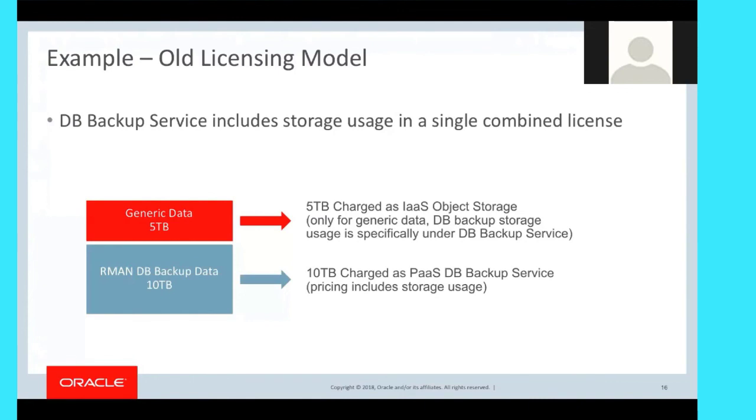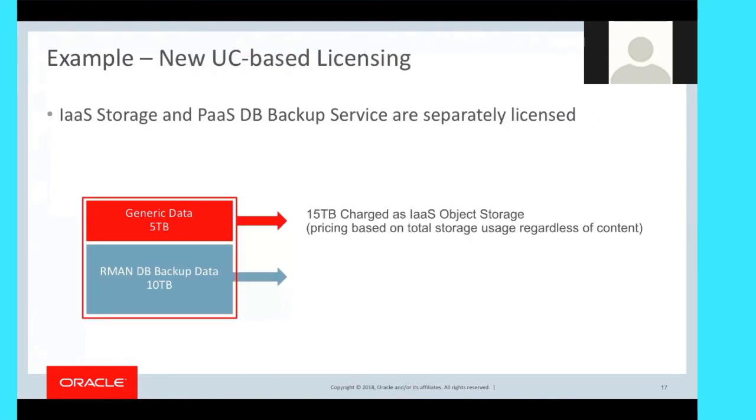But we are moving away from this approach, and with the new universal credit model, we use a different approach, which is, can I go to the next slide, please, Tim? Basically now, customers are charged based on the total capacity they are using in object storage, as object storage infrastructure as a service. So in the example we saw earlier, customers are charged for all 15 terabytes, as that's all object storage.